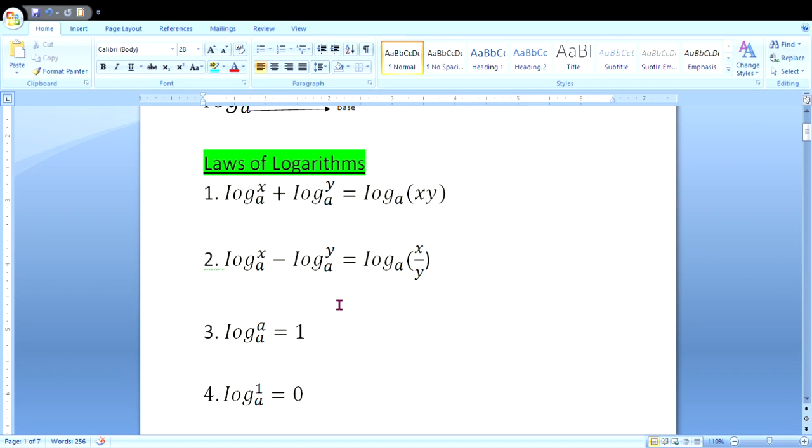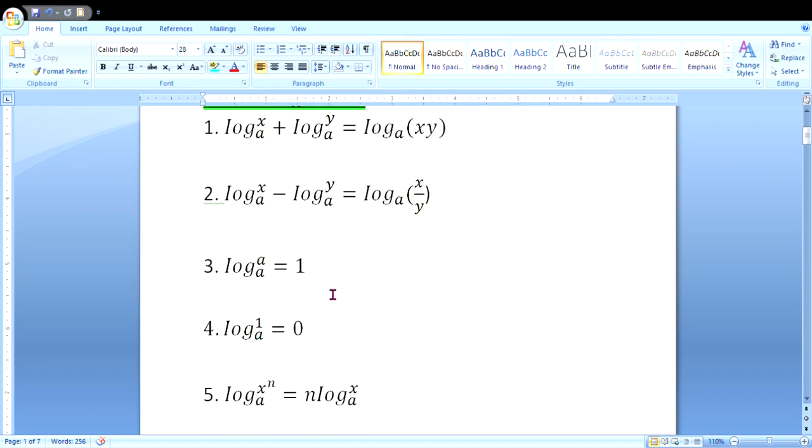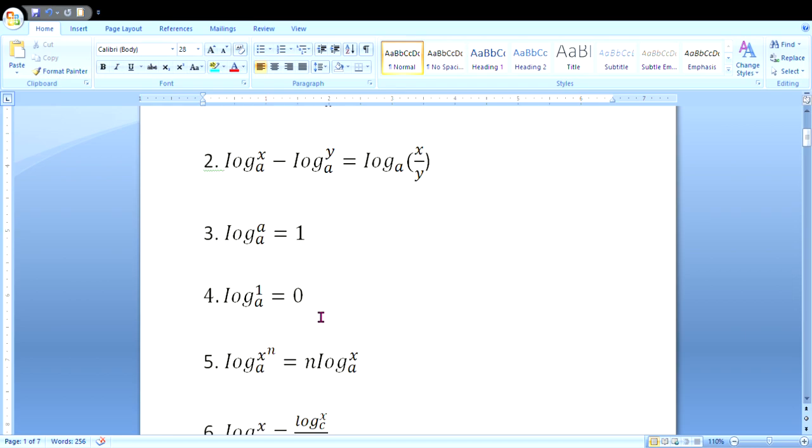That is the principle. Then law number three has to do with a logarithm of a number to a particular base. If the logarithm's number and the base are the same, the answer is exactly one. That is number three.